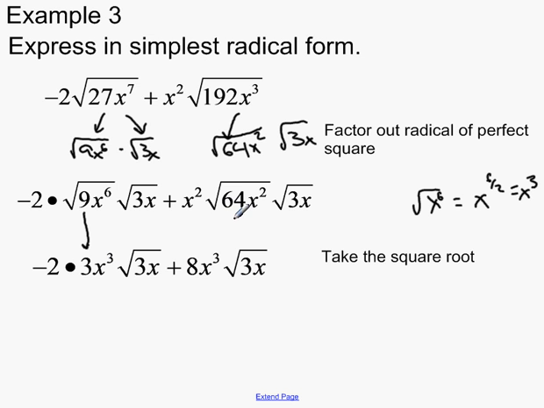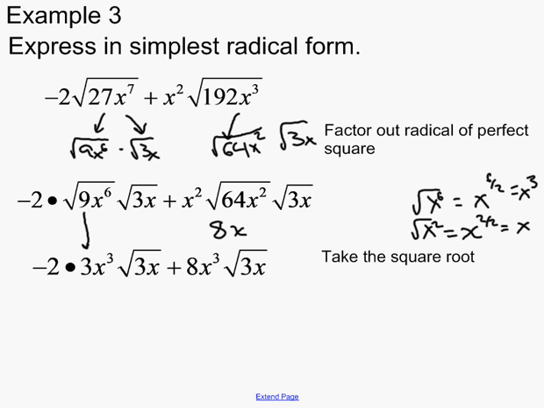So over here, radical 64 is 8. Radical x squared is x to the 2 over 2, which is just x. So we got 8x.